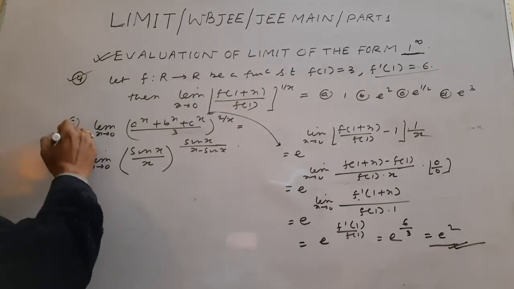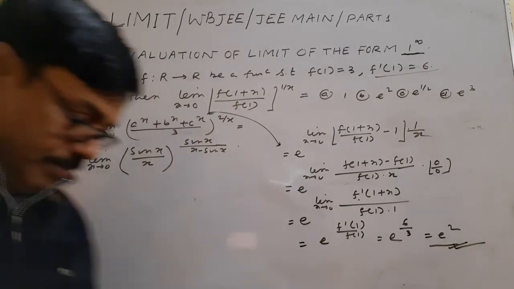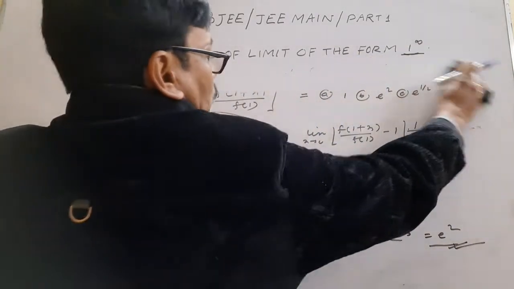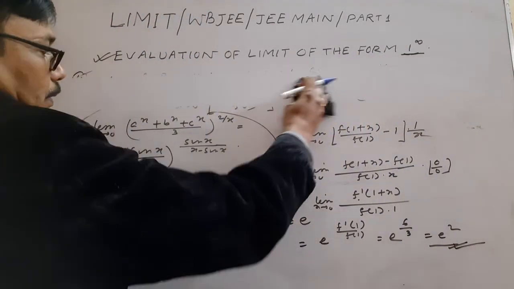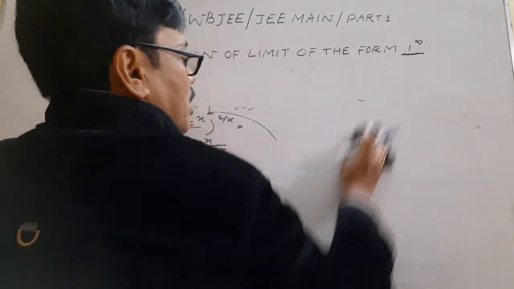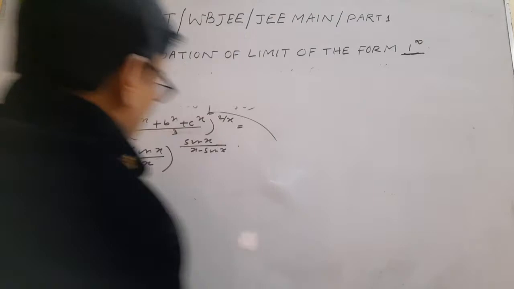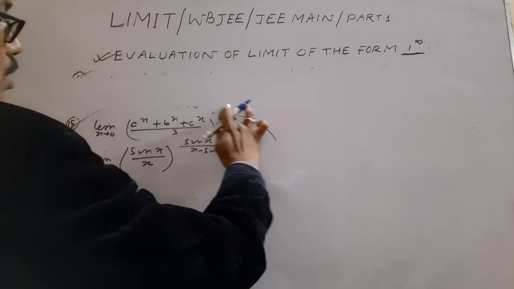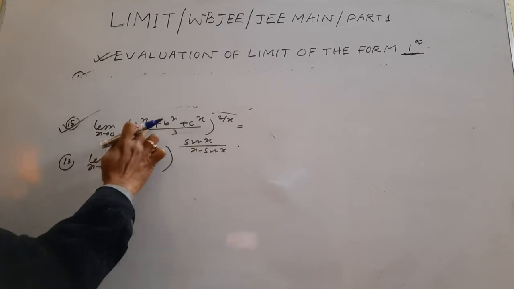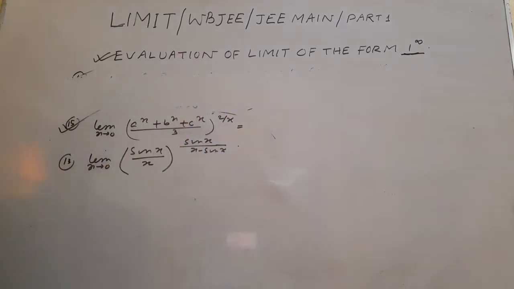Now problem number 15. So same problem, 100% same problem. a to the power x, b to the power x, c to the power x, at x equals 0 gives 1, 1, 1, so 1 to the power infinity.